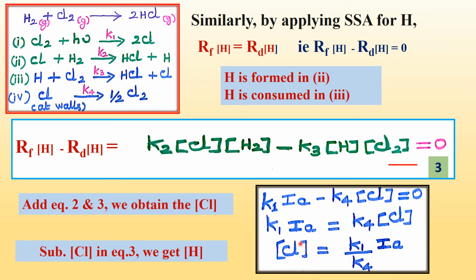Now substitute this chlorine atom concentration in equation 3, then you can obtain the concentration of hydrogen atom. Then substitute in equation 1 to get the rate law. This is very simple.